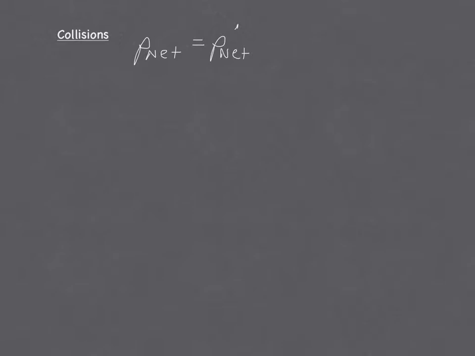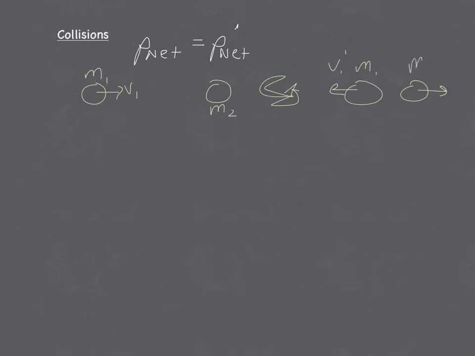For most collisions, we're going to look at two objects. In one situation, we can have this object moving towards another object, and then they collide, and they can end up moving independently of each other. This would be the bouncy type of collision.